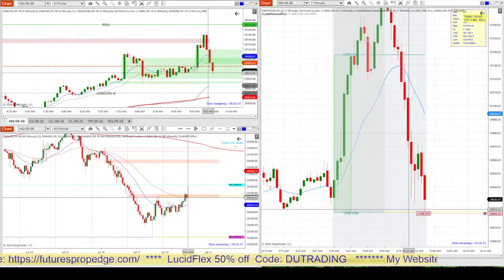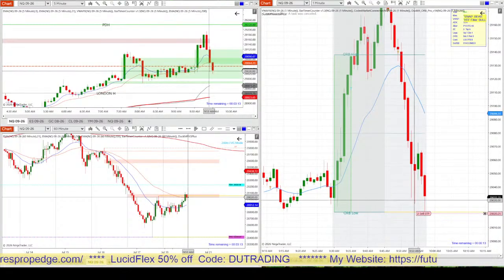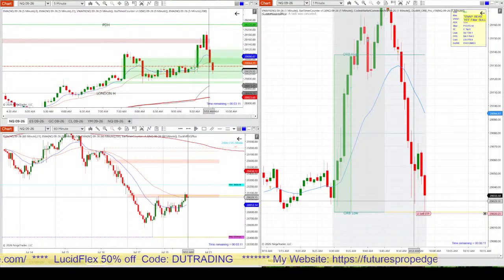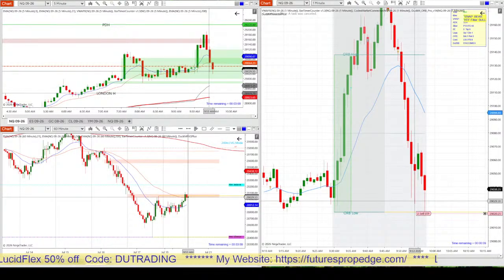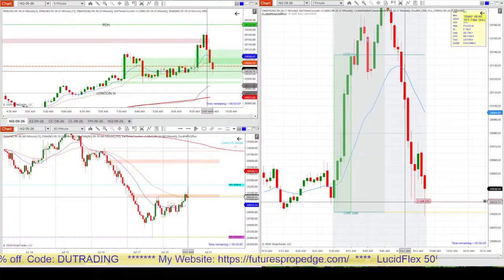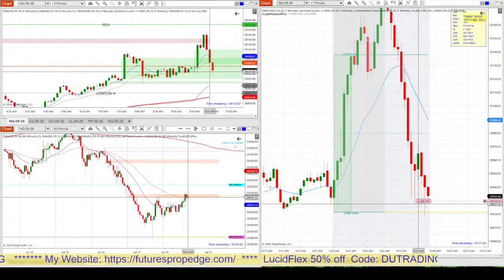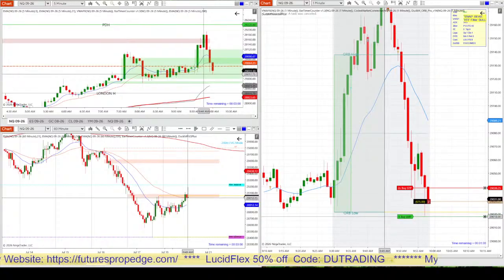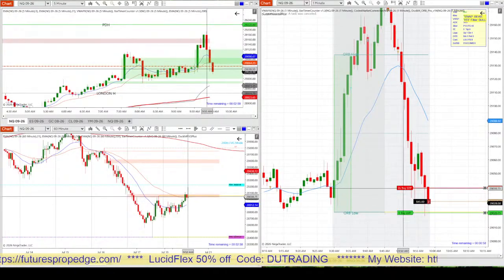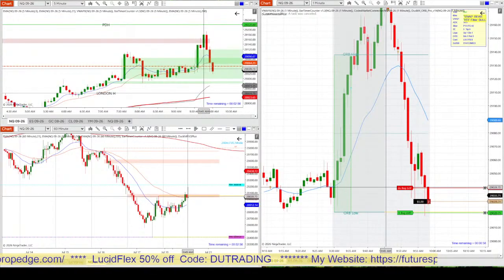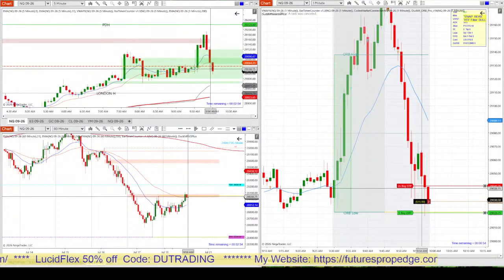However, if they push back above 30, this is where I would like to catch it instead, not the 20. Okay. I'm going to wait for them to go to the top of 20 again.